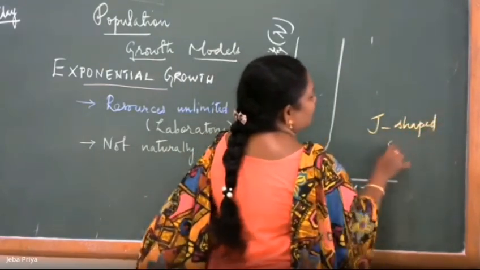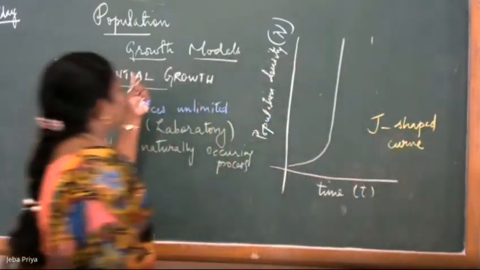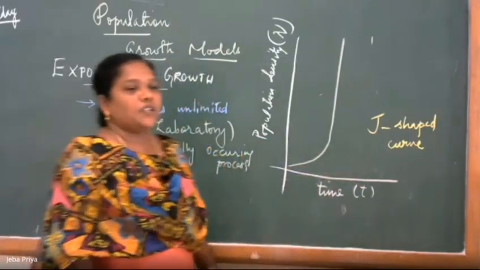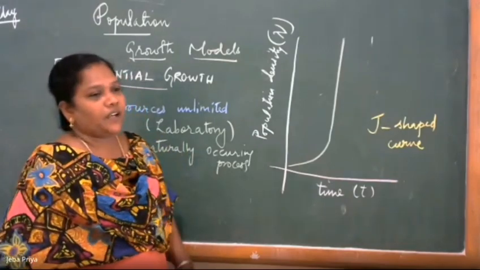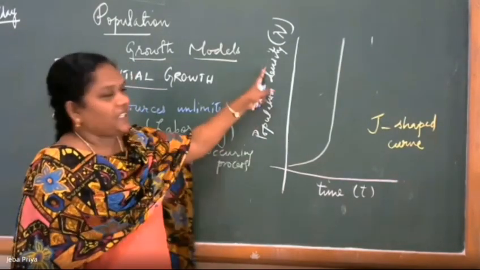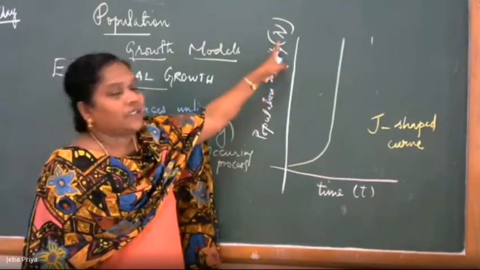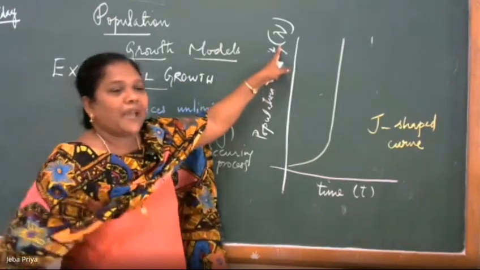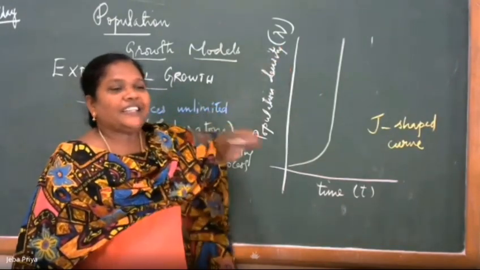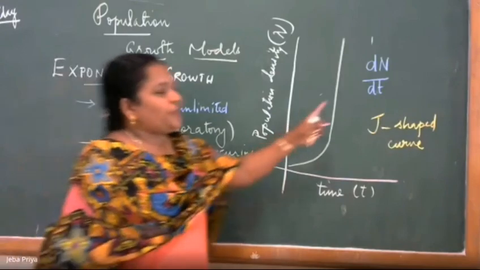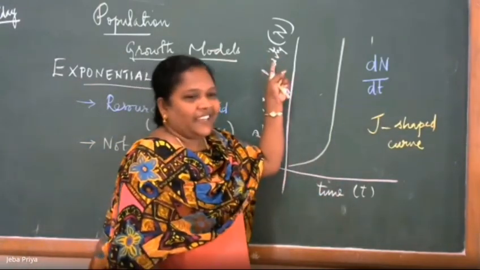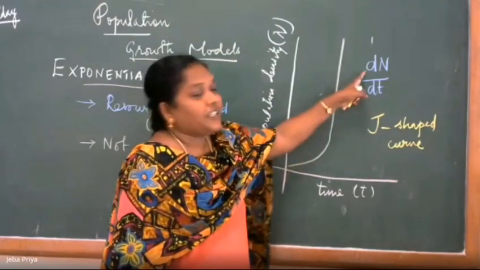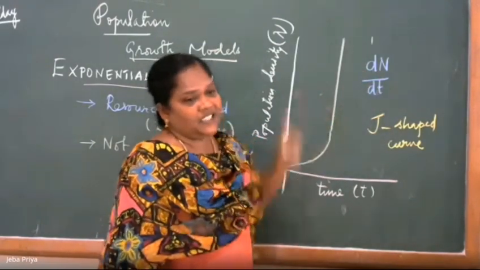So what is the shape of the exponential growth curve? J-shape. The formula, when you calculate against time t, the population density or population size is calculated in terms of N. You would have learned this in math, students. To find the increase or decrease in the population, t and N can be calculated in the form of differential calculus, dN by dt.